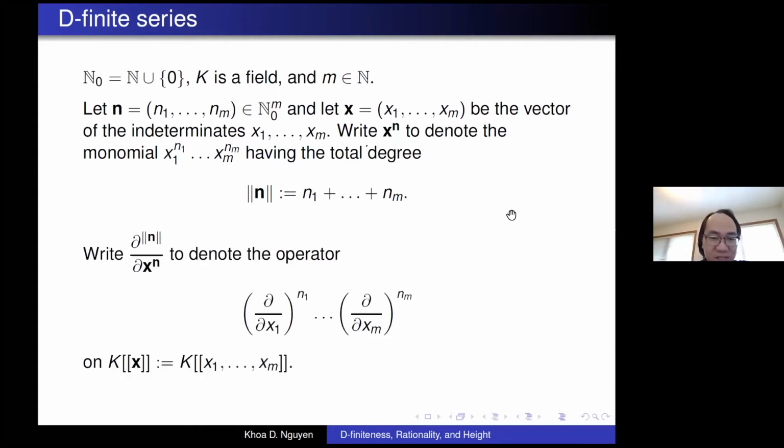And of course, in calculus, this denotes the operator which takes the partial with respect to x1, n1 times, and so on, partial with respect to xm, nm times. On a power series in m variables, we can take this operator.